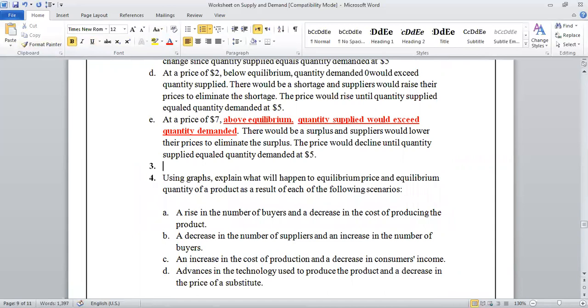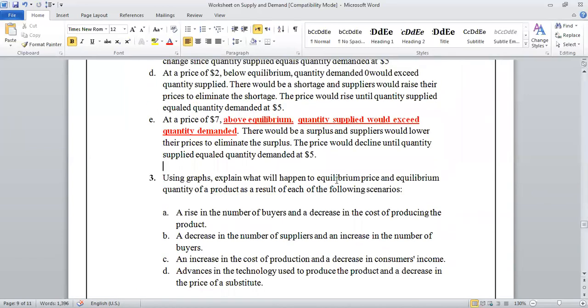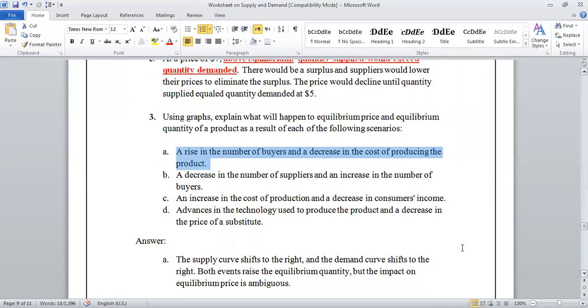Okay, question number 3. Using graphs, explain what will happen to the equilibrium price and equilibrium quantity of a product as a result of the following. Here we have different scenarios. Question A, it says what? When you have a rise, okay, what's the first step?